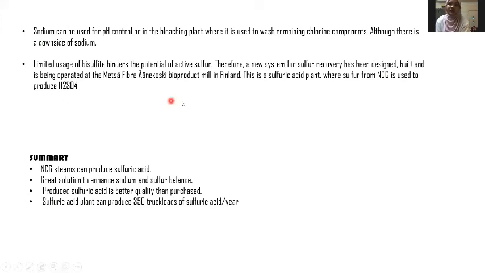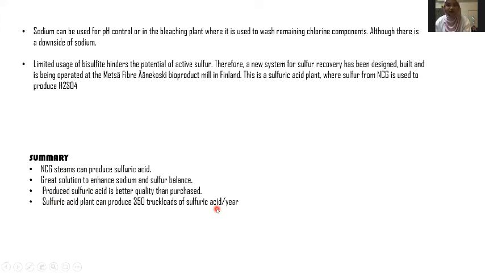So, in summary, NCG streams can produce sulfuric acid. It is a great solution to enhance sodium and sulfur balance. Sulfuric acid produced on site is better quality than purchased. It means we can make sulfuric acid at the plant, which is better than buying it from others.